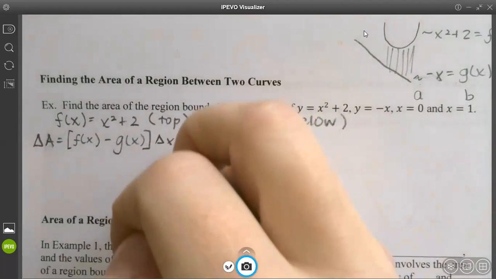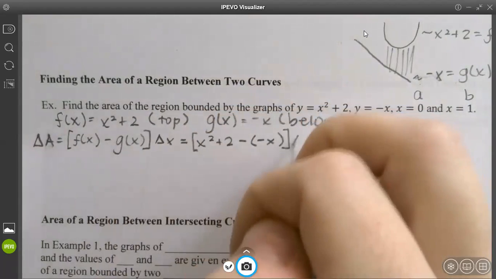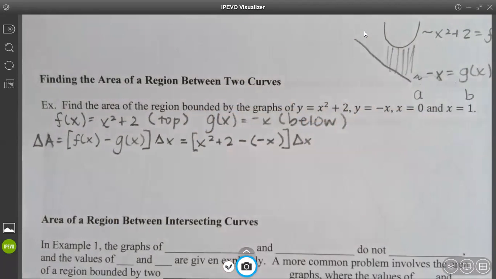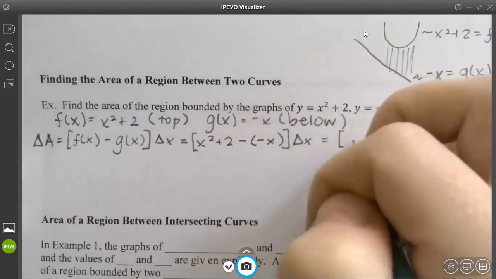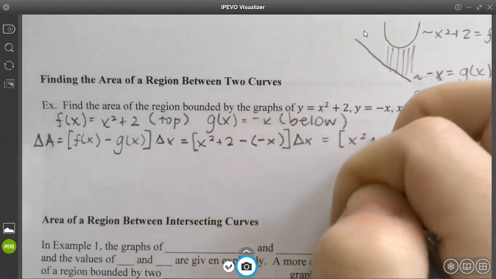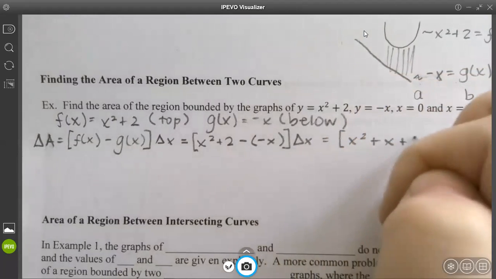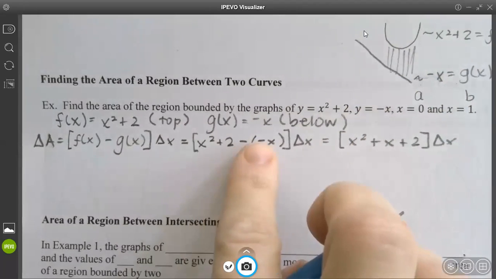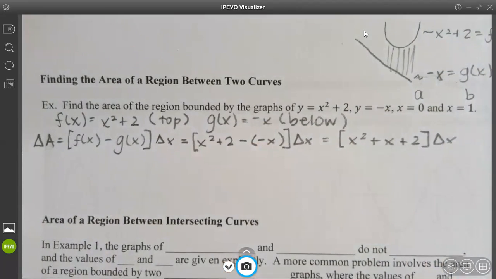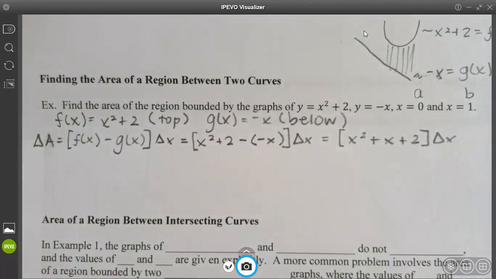Everybody see that? Delta x. We're going to simplify this a little bit more. It gives us x squared plus x plus 2 delta x. Negative negative makes a positive, and then I'm going to put it in order. Everybody okay with that?